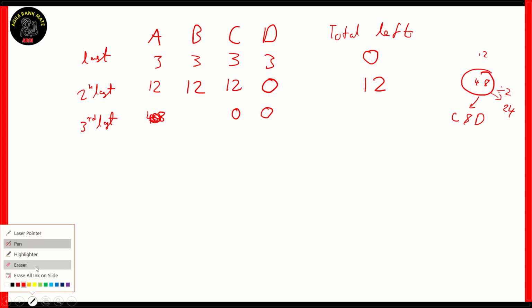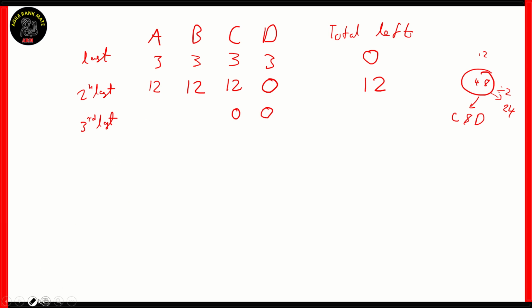So when we erase this off and then start writing again, we see that A ate 24 laddus in the third last scenario, and B ate 24 laddus. And the remaining number of laddus were 48. And it was from this 48 that the second last scenario and the last scenario happened. So, let's look at the first scenario.